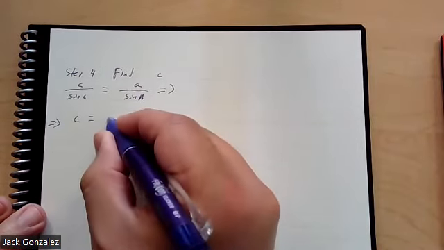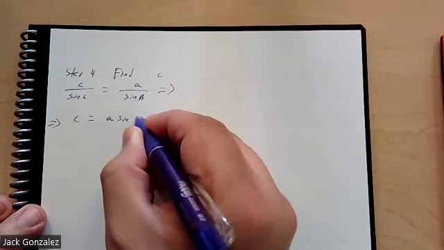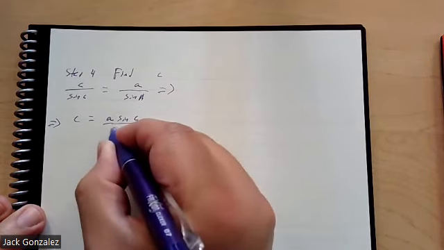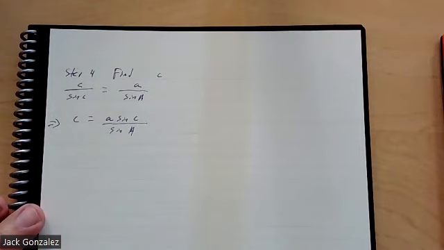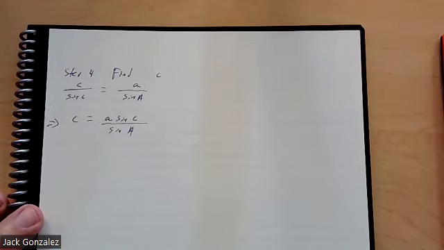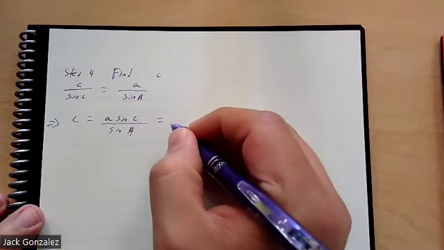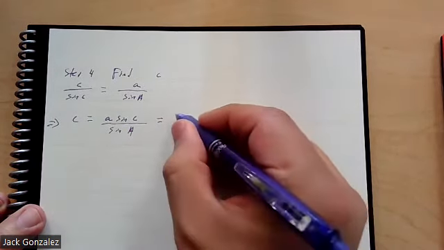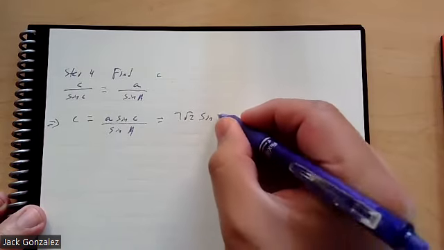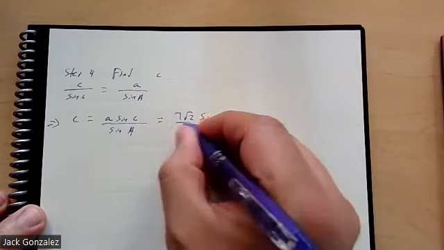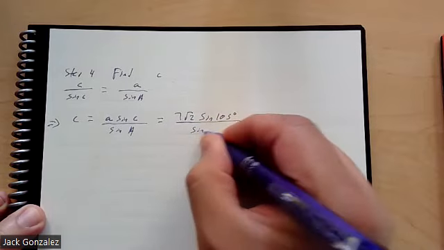C would equal a sine c over sine a. Okay. Plug it all in. That's going to be a is 7 root 2 sine of 105 over sine 45.